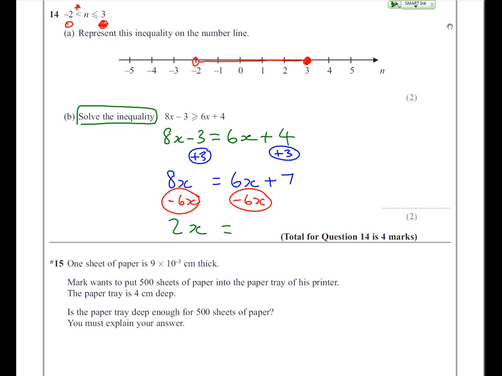This paper likes its decimals. Now we're going to have to do divided by 2. Divided by 2. Hopefully you know that 7 divided by 2 is 3.5. So x equals 3.5. Remember, we cheated. We changed this sign here to an equals, which we weren't actually.